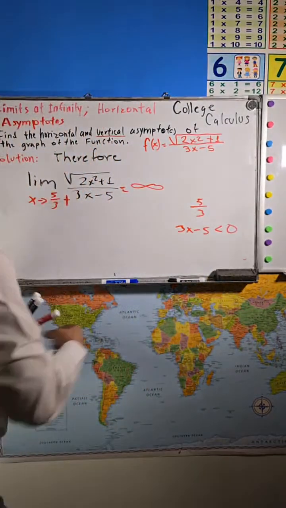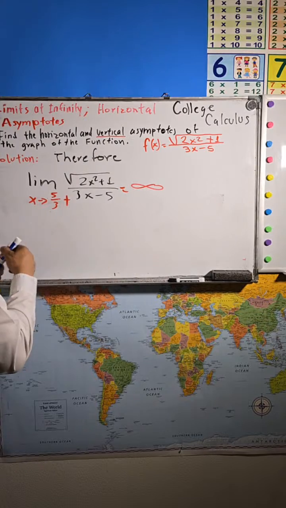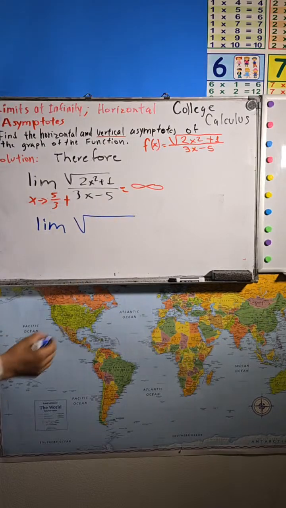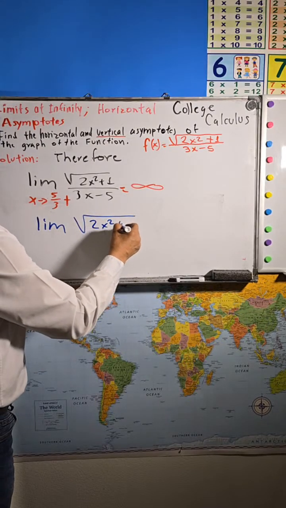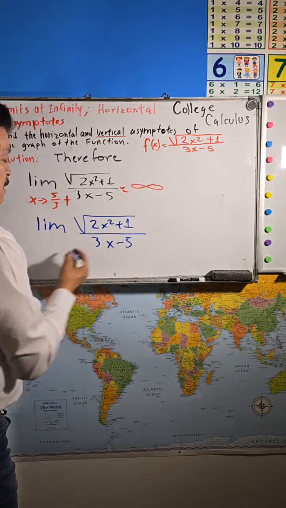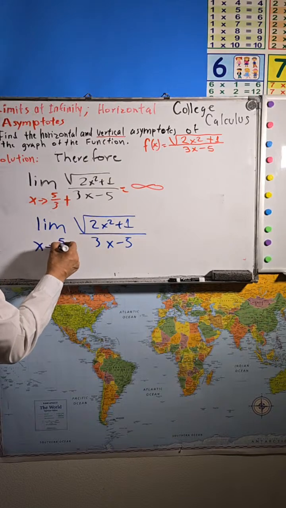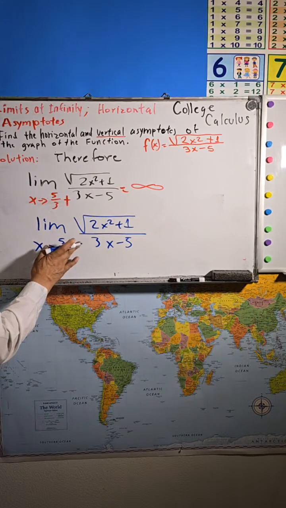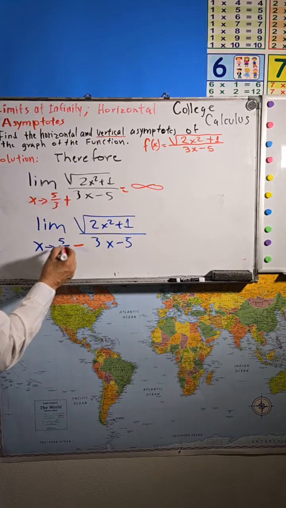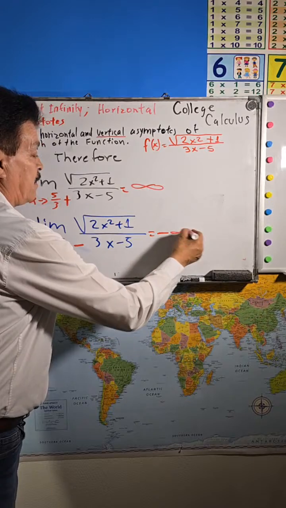So let me write in a different color: the limit of the square root of 2x to the second power plus 1, divided by 3x minus 5, when x approaches 5/3 from the left, then this is negative infinity.